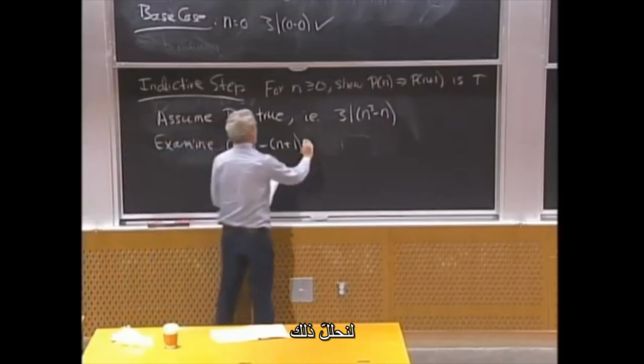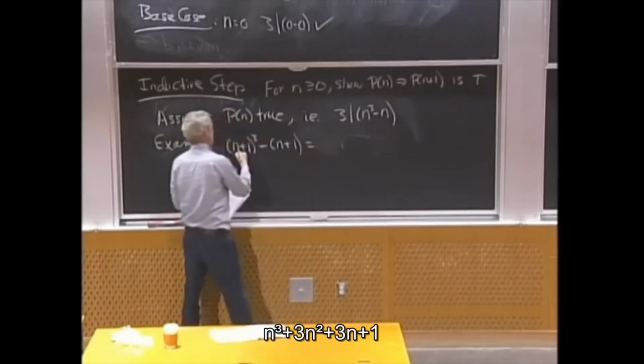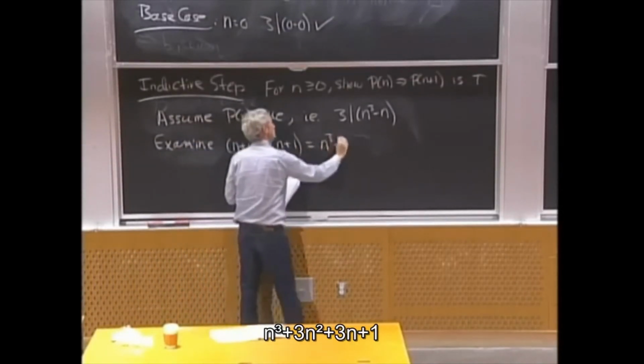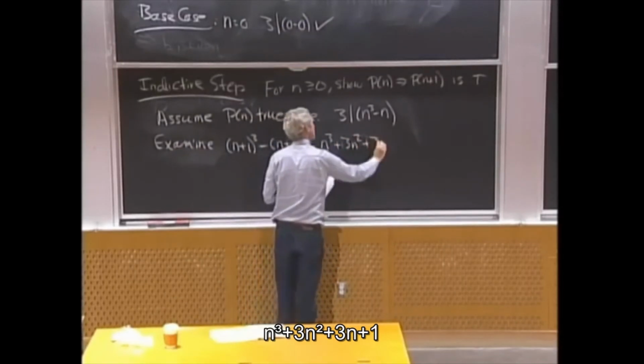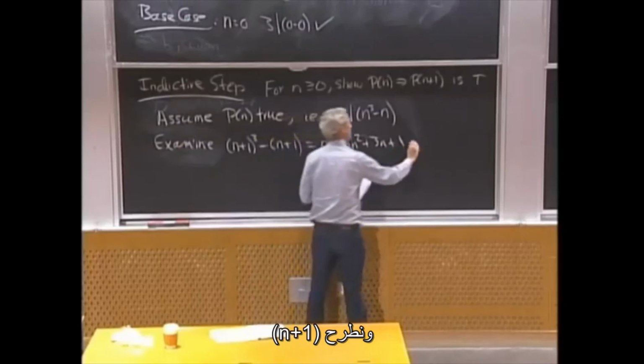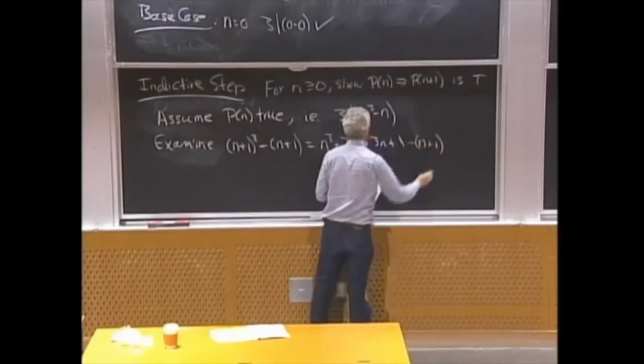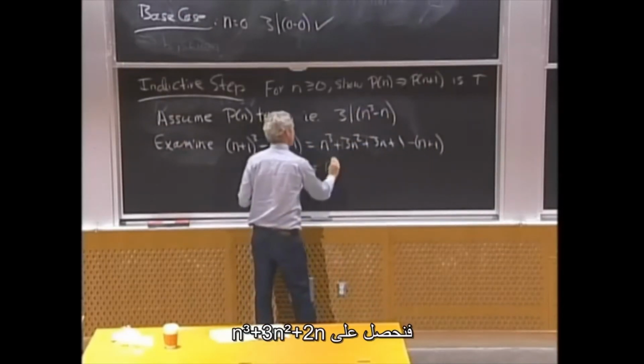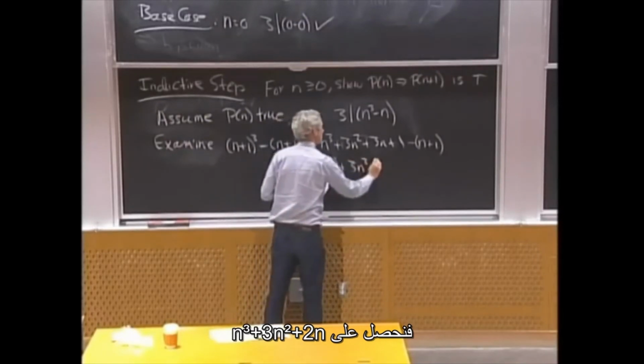Well, let's expand that out. This is n cubed plus 3n squared plus 3n plus 1, and I subtract off n plus 1. So I get n cubed plus 3n squared plus 2n.